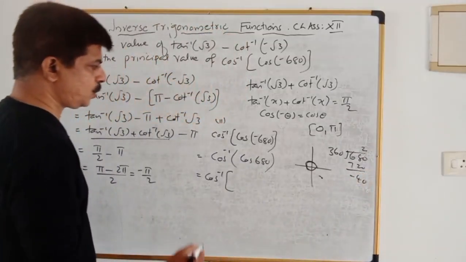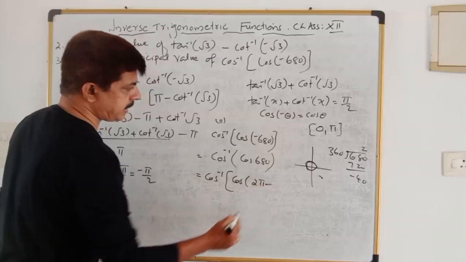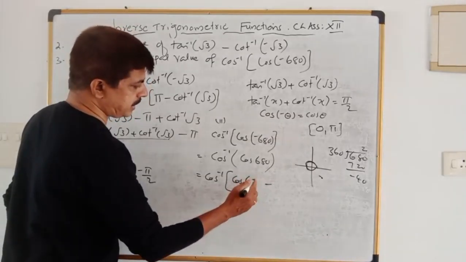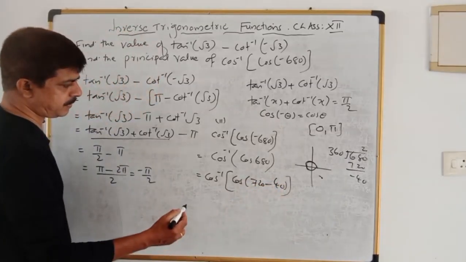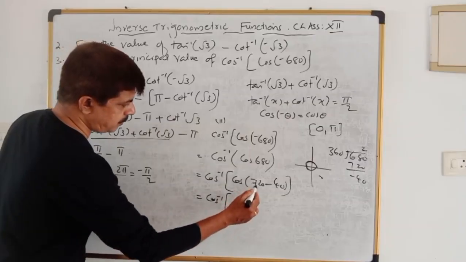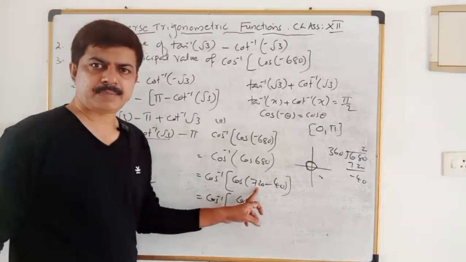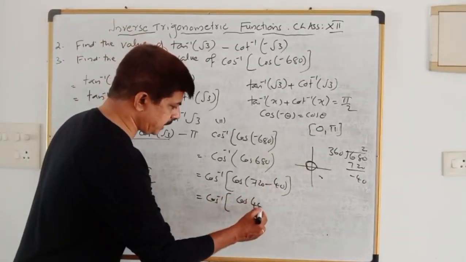So we can write cos inverse cos of 720 minus 40. Since 720 is a multiple of 180, the ratio will not change. 720 minus 40 means cos 40 itself.